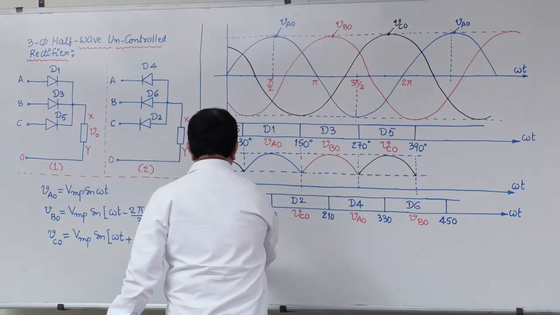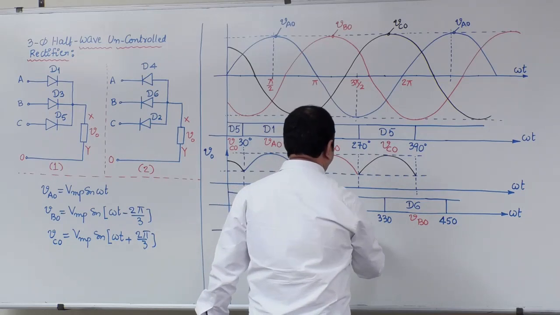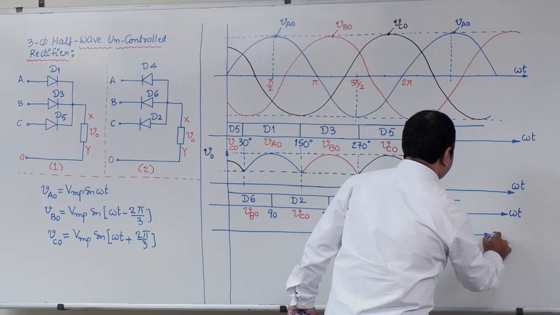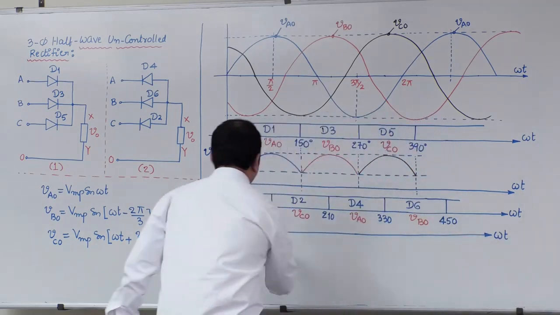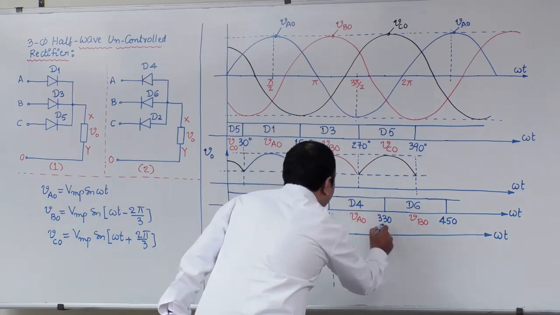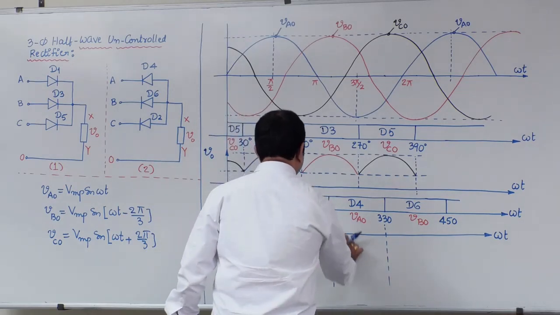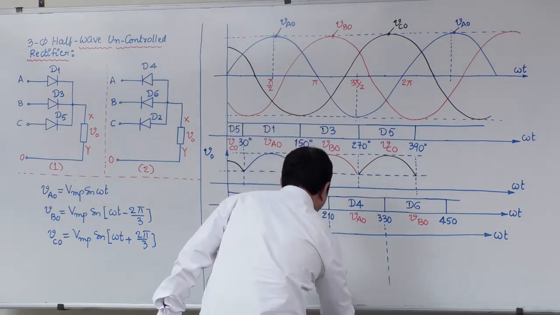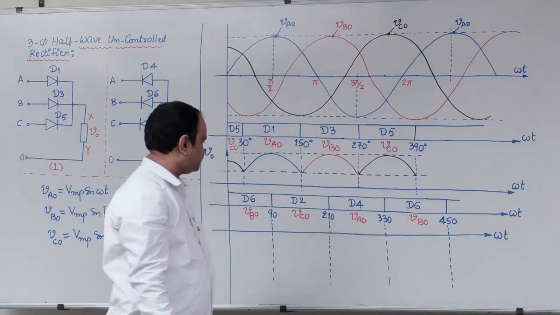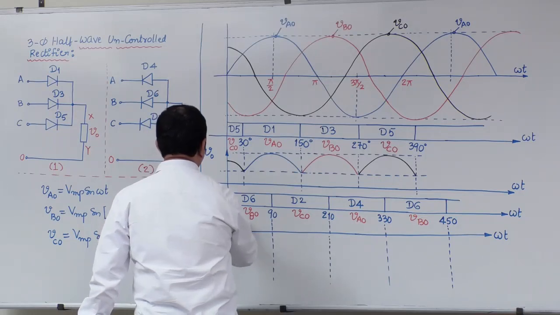Now, by using these conclusions, let us draw the output voltage waveform. Just look at the source voltage and draw the corresponding waveform shape. So this is the output voltage waveform I am going to draw.